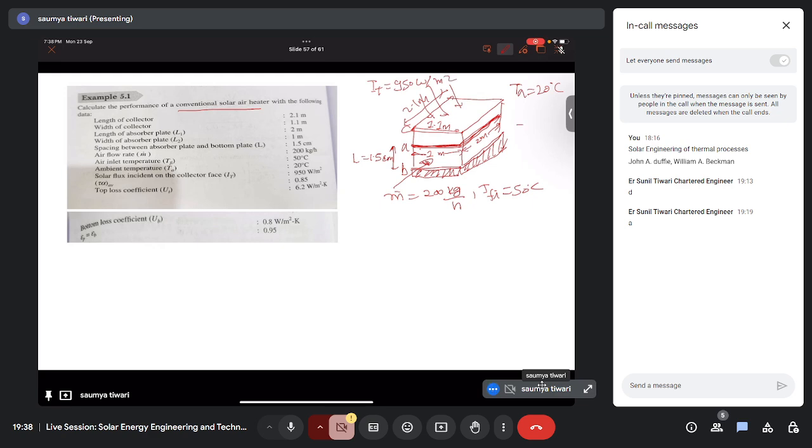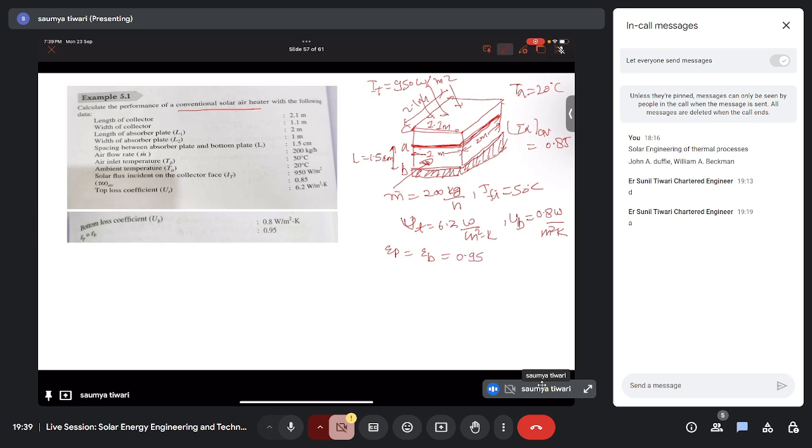Your average transmittivity-absorptivity factor is given as 0.85, and top loss coefficient is 6.2 watt per meter square Kelvin. Bottom loss coefficient is 0.8 watt per meter square Kelvin, and the emissivity for your plate and your bottom plate is 0.95.